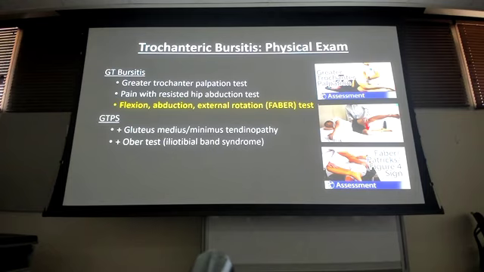So hopefully you guys have learned from me by now, I hope, that when it comes to all these tests, you can't just say positive, right? Because you can have a positive finding with a FABER test, both anterior hip, posterior spine, or posterior hip, right? And what is it now? That have pain that's reproduced over the trochanteric region, the lateral hip region.